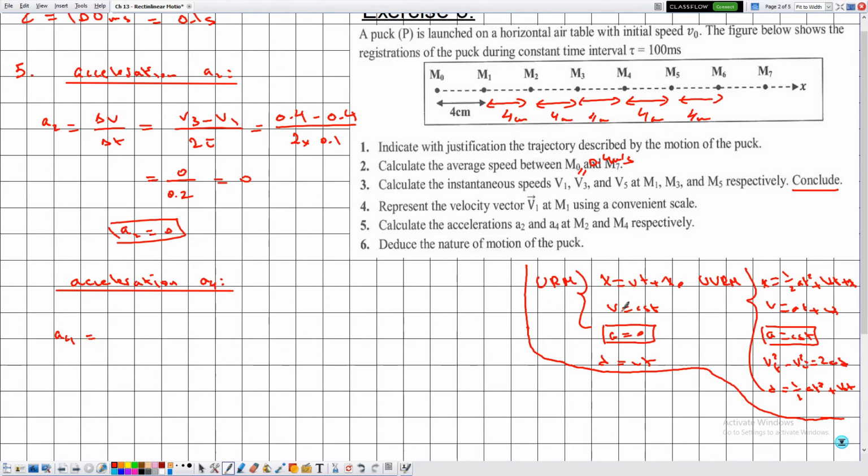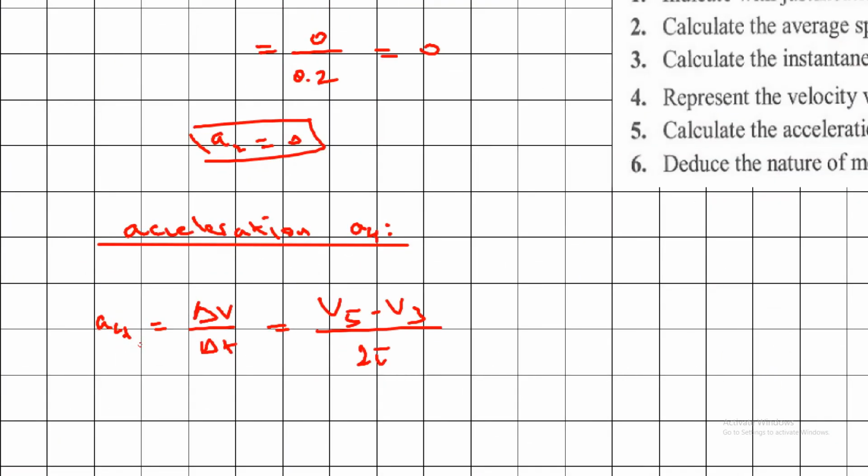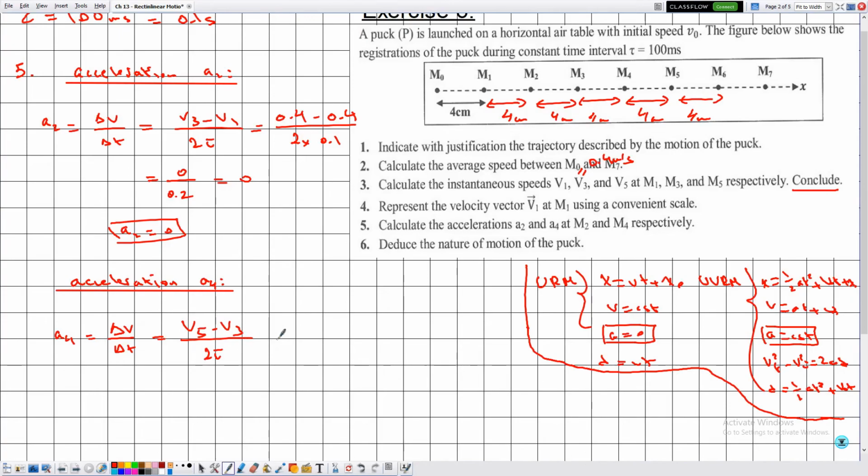However, because the time interval is very small, we can refer to the formula of the average acceleration, delta V by delta T, which is equal to V5 minus V3 divided by 2 tau. So it's the final speed around the point 4 minus the initial speed around the point 4. Recall that V5 is also given by 0.4 meter per second.